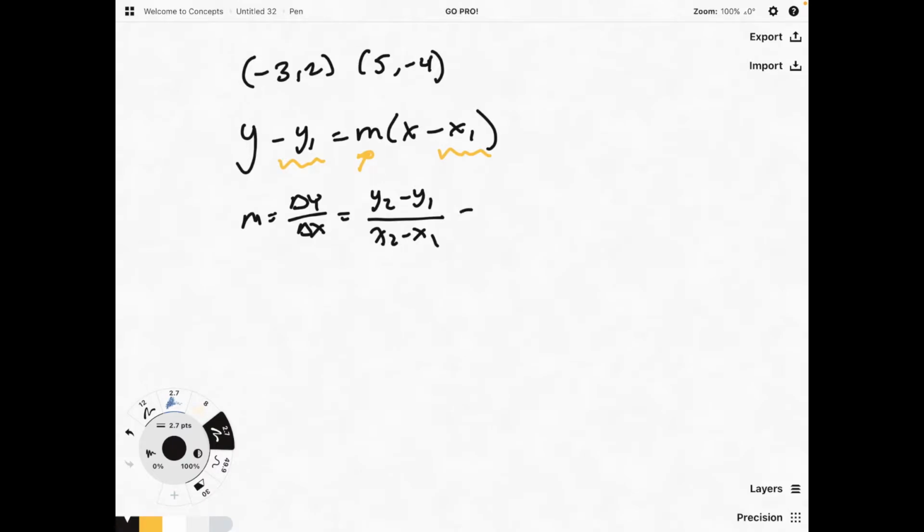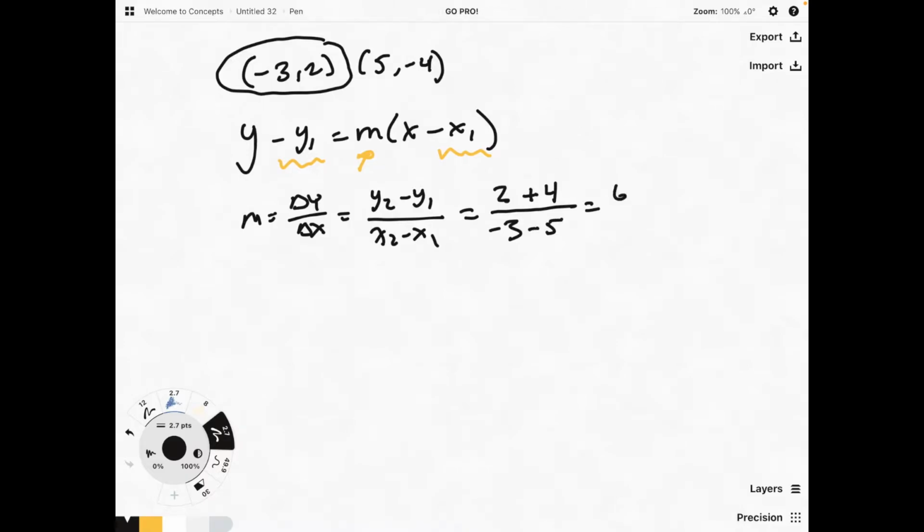Plugging these numbers in, we're going to choose this point as our y2, x2 value. So we're going to plug in our y value there, and we're going to plug in our x value there, and then minus, we're going to use the y value of our other point, which is a negative 4, so that becomes a plus 4, and we have minus 5.